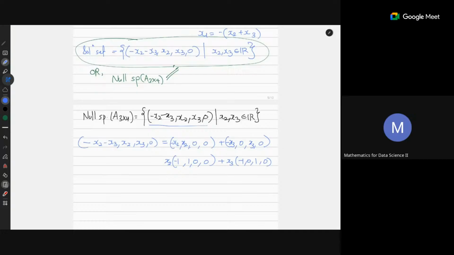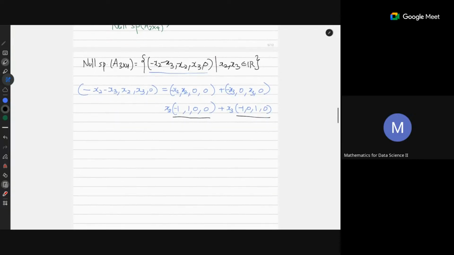Right. Now you see there are two vectors that you obtain. First vector, second vector. So you can write down your null space as a span of minus 1, 1, 0, 0 and minus 1, 0, 1, 0.